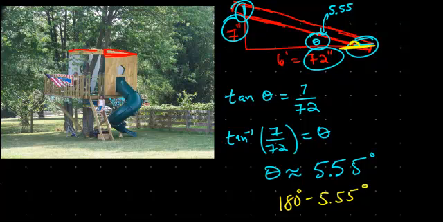And if you know that this angle is 5.55, then this angle in here is going to be 90 degrees minus 5.55. And the same thing will allow you to get this angle.